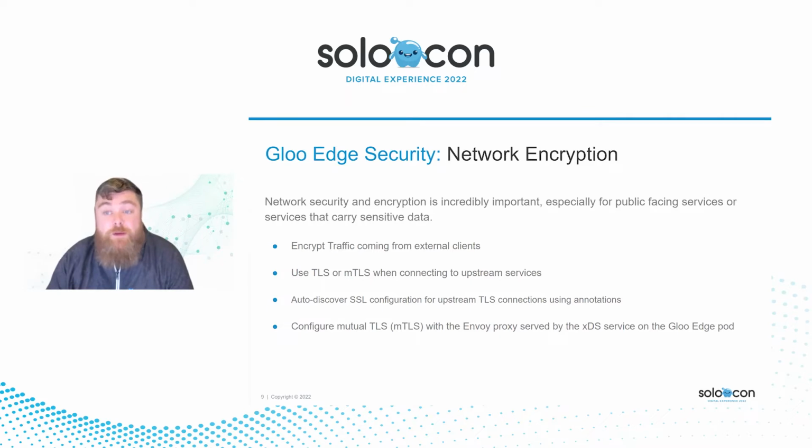On top of that, you can configure Gloo Edge to use TLS or mutual TLS when connecting to upstream services. In addition, Gloo Edge can also auto-discover SSL configuration for upstream TLS connections using annotations on the Kubernetes service. This can be used as a convenient alternative to the upstream to configure upstream or client SSL.